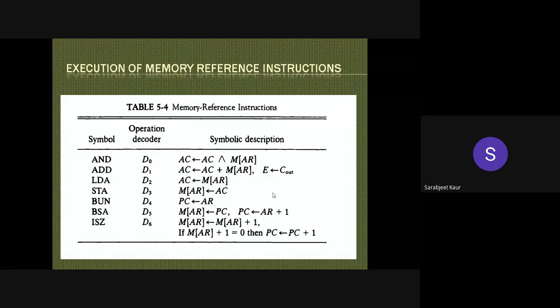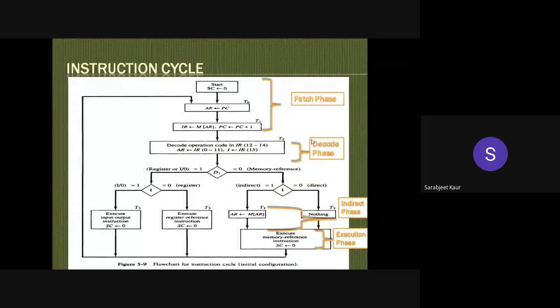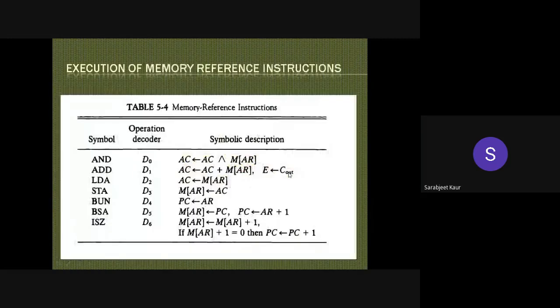The first memory reference instruction that you see on your screen is AND. Now what happens internally when AND is to be executed? When we are in the execution phase, you already know from our previous classes that we have already fetched the instruction, decoded it, and the opcode implied that it was a memory reference instruction, and it happens to be AND in our case.